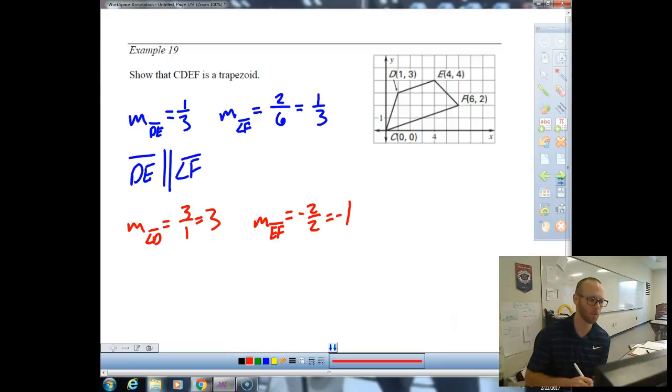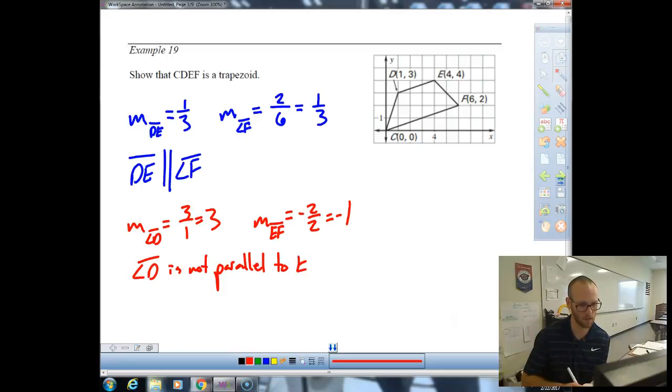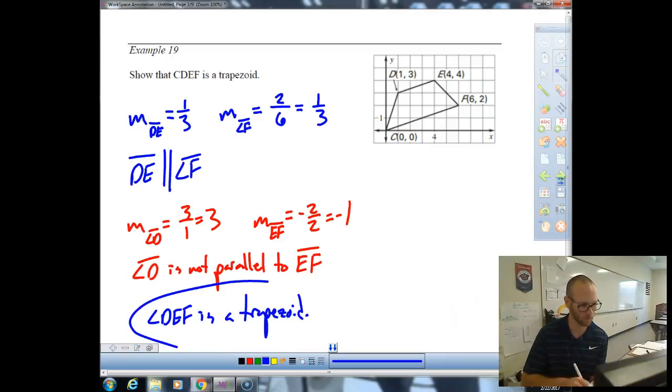No, they're not. So we're going to say CD is not parallel to EF. Okay. Now we've shown we've got one pair of parallel sides. We have a pair that's not parallel. We've got exactly one. We can conclude CDEF is a trapezoid. Good.